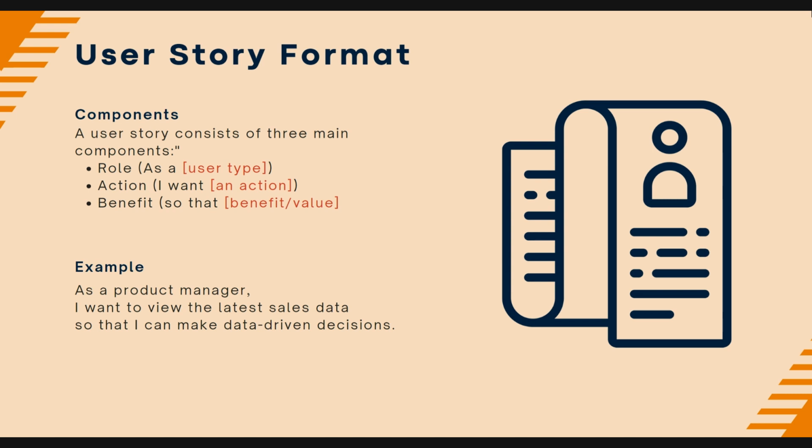One example is given here: as a product manager. So who is expressing their view? Product manager. So as a product manager, I want to view the latest sales data.